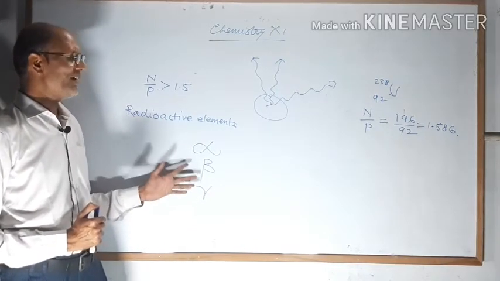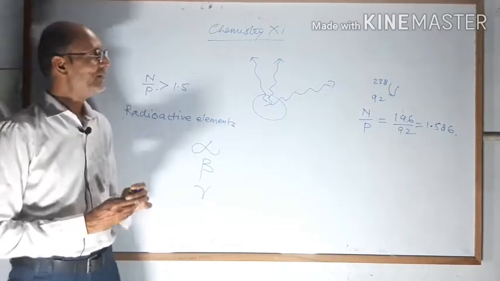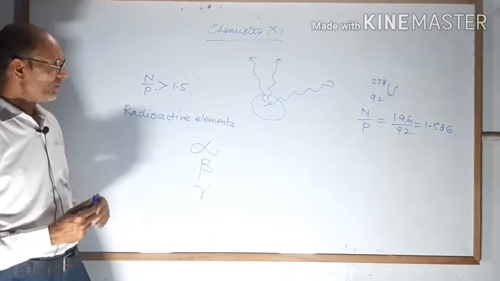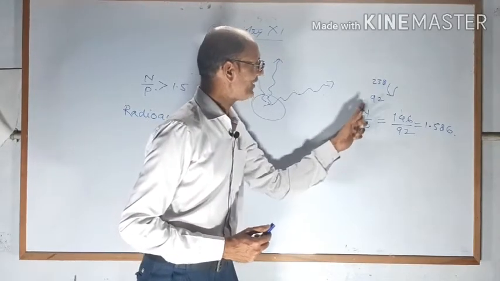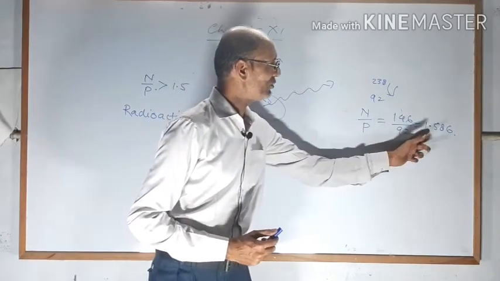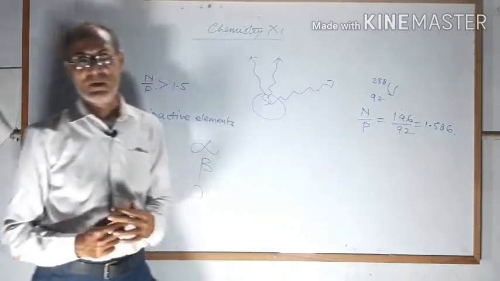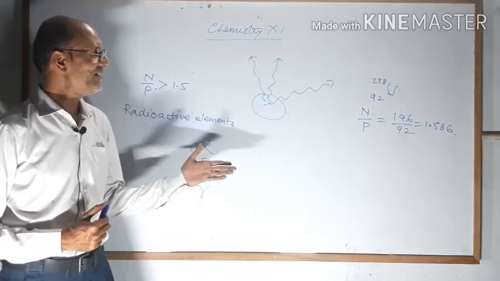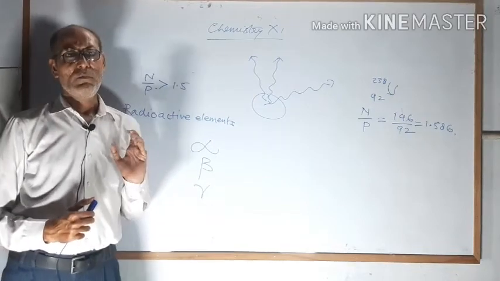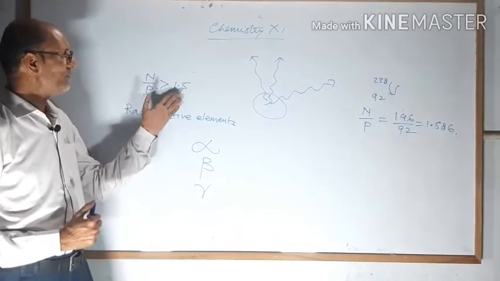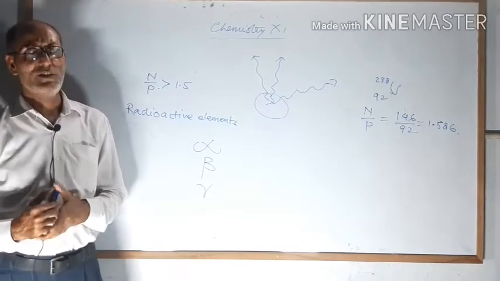I am giving you some examples of radioactive elements. One is written there, uranium. Why is it a radioactive element? Because, you are seeing clearly, its ratio is more than 1.5. So if any element's ratio of neutron and proton is greater than 1.5, that will be a radioactive element.